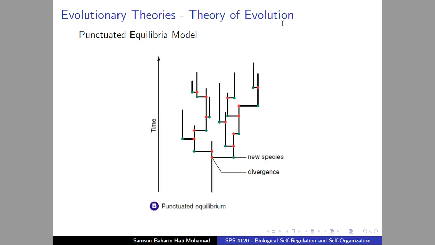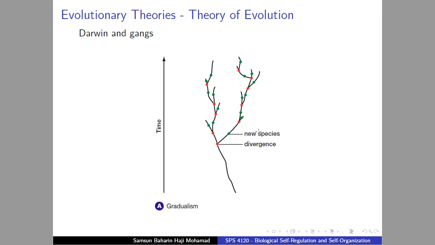So here you can see the punctuated equilibrium model. This one diverges into a new species. But this one dies, this one lives. With the new species you can see that both branches live and produce offspring, rather than this one.